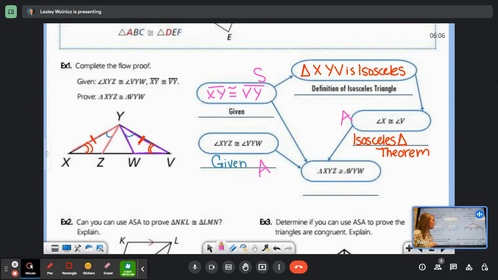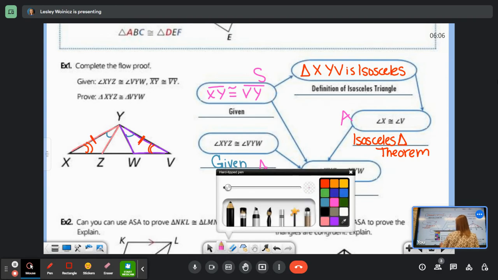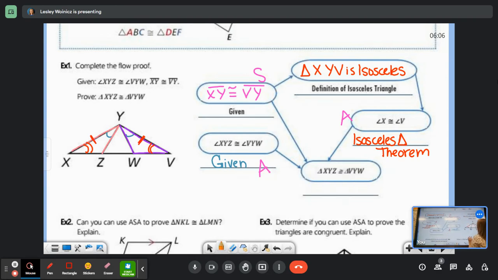So let's see if they are the included sides that I've got. Sure enough, my congruent sides right here are included between my congruent angles. It goes angle, side, angle. So I know that these triangles are congruent by the angle, side, angle congruence postulate. Ta-da!